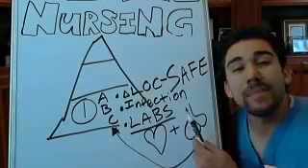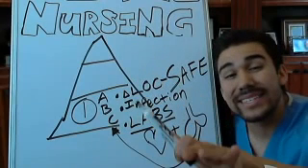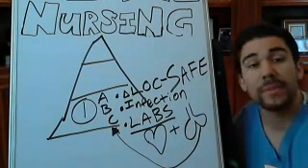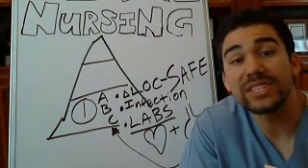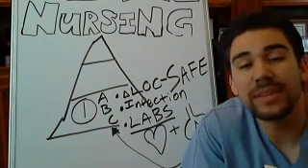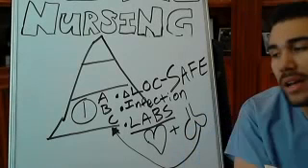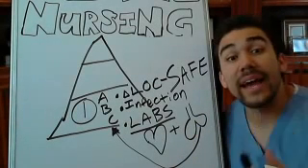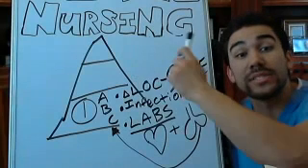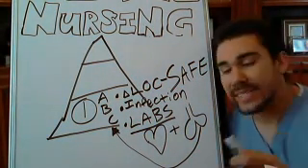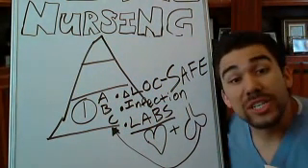Now, if you guys haven't seen my ABG lecture or my acute respiratory distress syndrome, ARDS, lecture, then check it out. It's at the VIP video vault at simplenursing.com. But you have to know your ABGs.